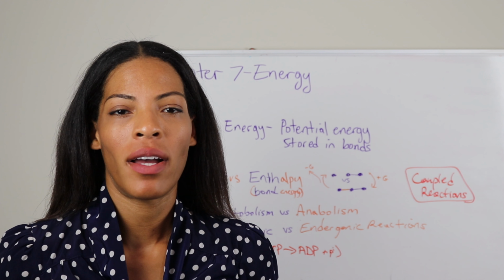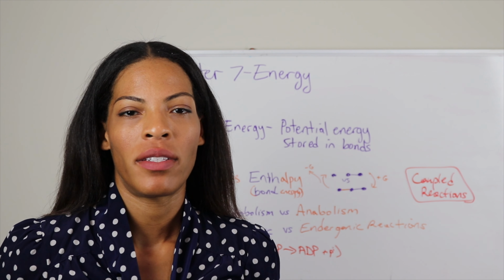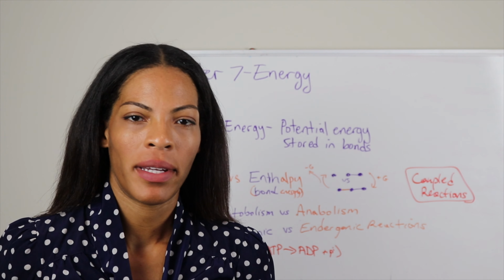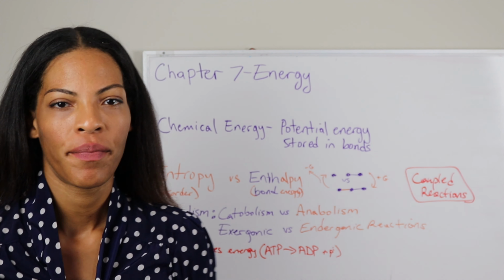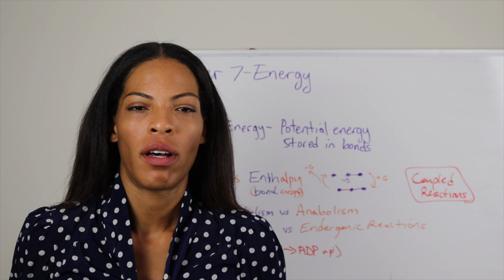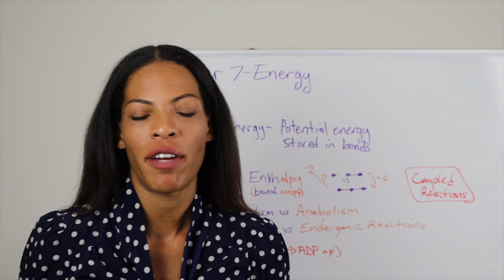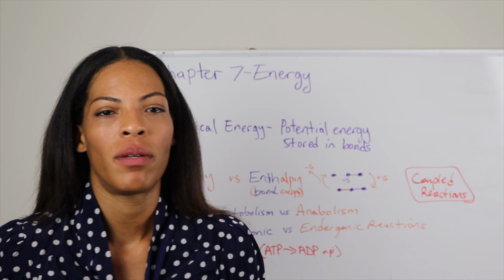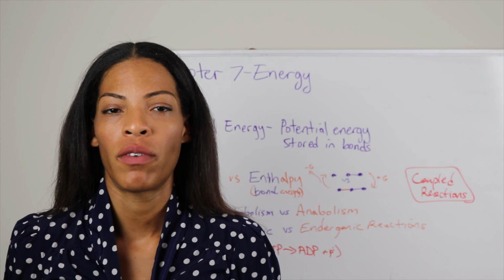So as your bonds break and bonds are formed, energy is released to the environment or used from the environment for this process to occur. And so that energy is called free energy, or Gibbs free energy. And that energy is measured as it relates to the bonds being broken and the bonds being formed.